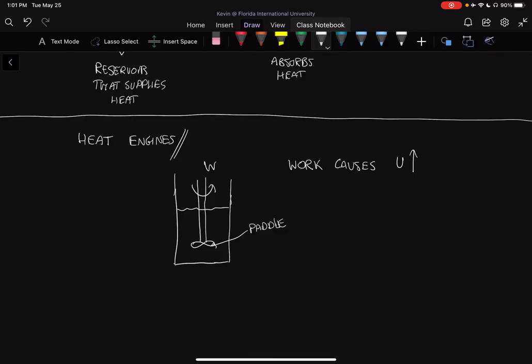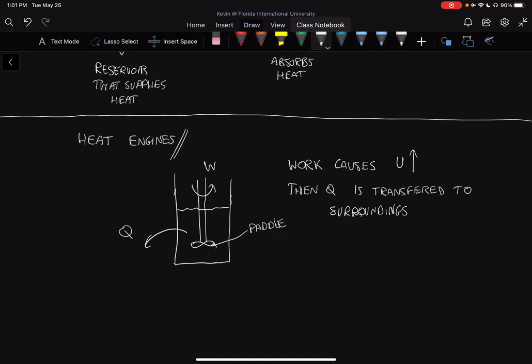When temperature increases, Q is transferred to the surroundings. So if we create some heat from work, we're going to transfer it over to the surroundings.